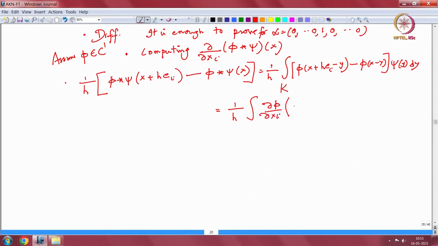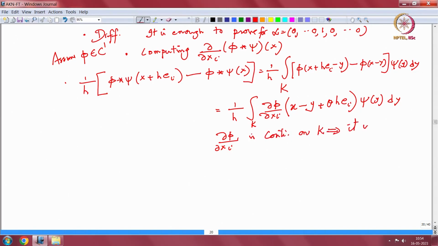Make things clear at any point. By the mean value theorem, you get d phi by dxi at x minus y plus theta h e i, times psi of y, with 0 less than or equal to theta less than 1. Now d phi by dxi is continuous on k, and that implies it is bounded.